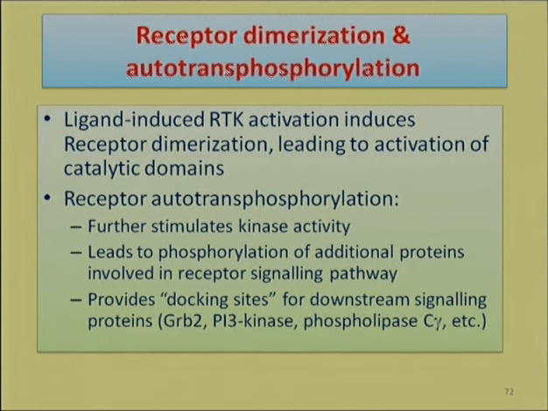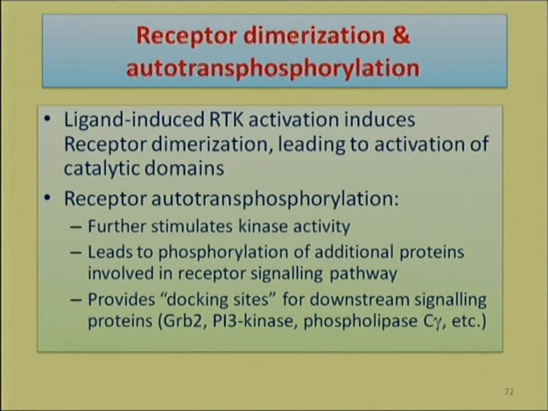Whenever we talk about cell growth, cell division or cellular differentiation, mostly receptor tyrosine kinases are involved, and these receptor tyrosine kinases would be scattered on the cell surface. The moment their ligand comes, they will dimerize, and once they dimerize, what happens?